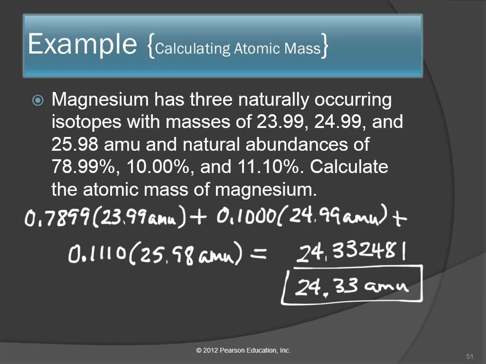Because the average is in the middle. So it has to be between the highest and lowest. So that's an easy check. Is it between the highest and lowest? Yes, it is. We probably did it correctly. This one we can also check on the periodic table because the mass of magnesium is on the periodic table. Any questions?